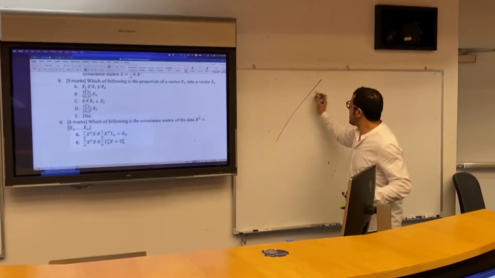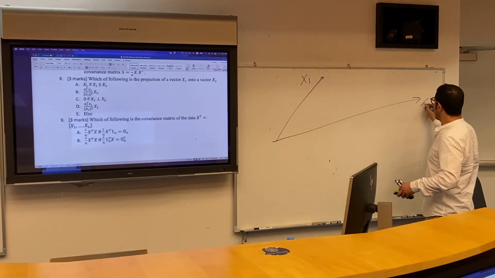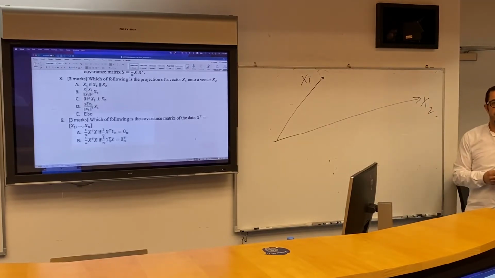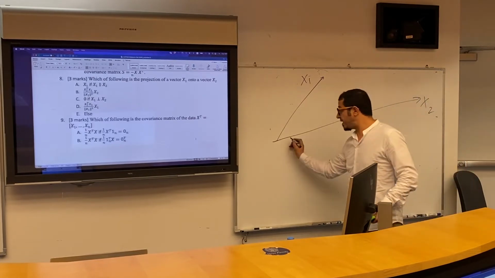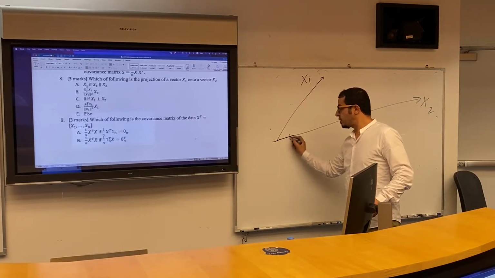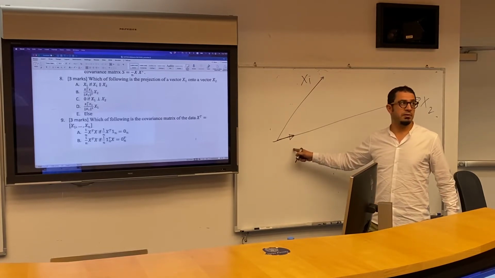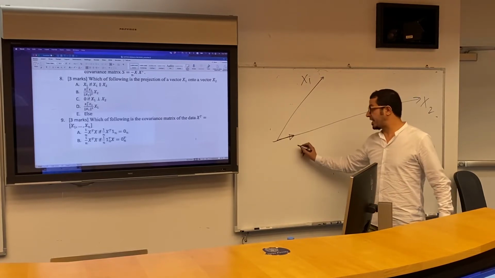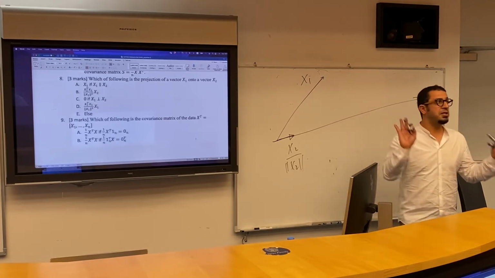Look, this is my x1, and I want to do a projection on x2. But what we did about the projection, we're always taking the unit one, right? What is the unit here? It's x2 divided by the norm of x2. Yes, exactly. As simple as that.